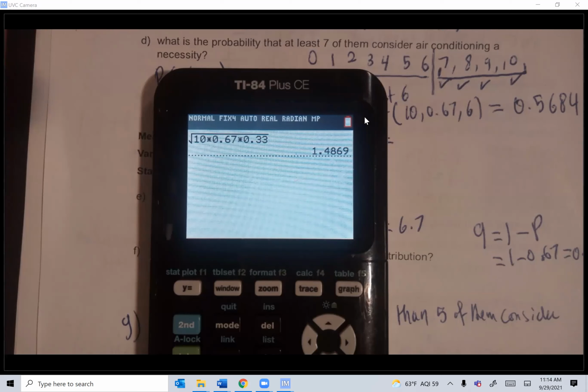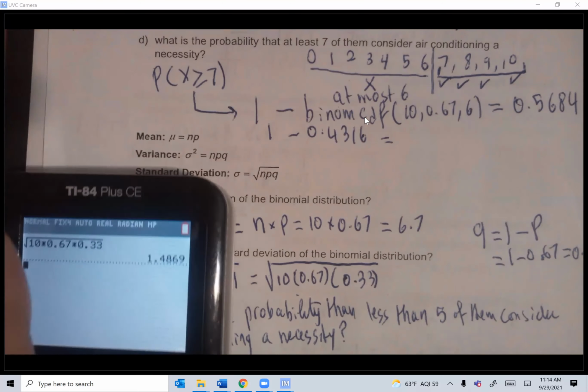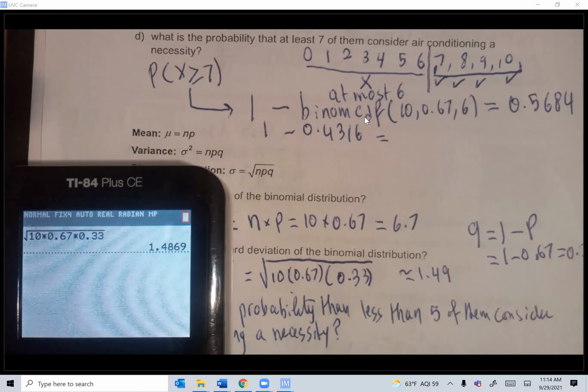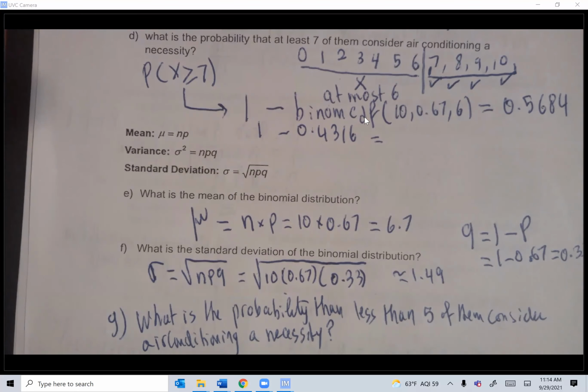If in MyLab Stats, it says round your answer to 2 decimal places, it will be 1.49. 3 decimal places will be 1.487, and so on and so forth. Let's now round it to 2 decimal places, so 1.49. Okay, so the mean is n times p, and the standard deviation of the binomial distribution is the square root of npq.